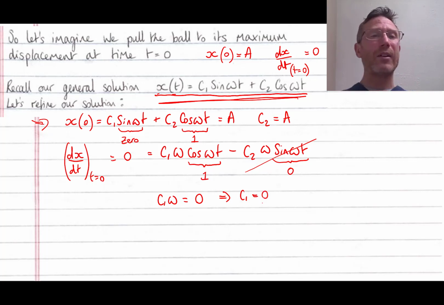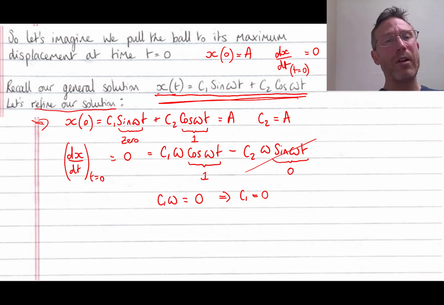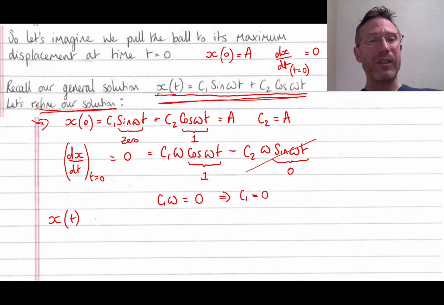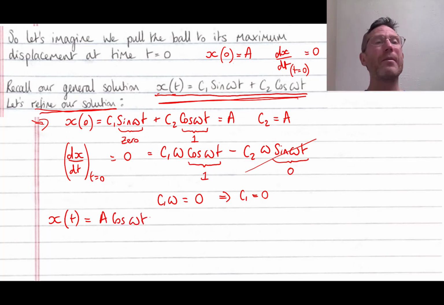So what does this allow us to do? Remember up here, our goal here is to refine our solution. And so therefore the refined and the final solution can be written as x of t is equal to capital A cosine omega t. So what does that look like? So we can actually draw the plot there of that particular curve.